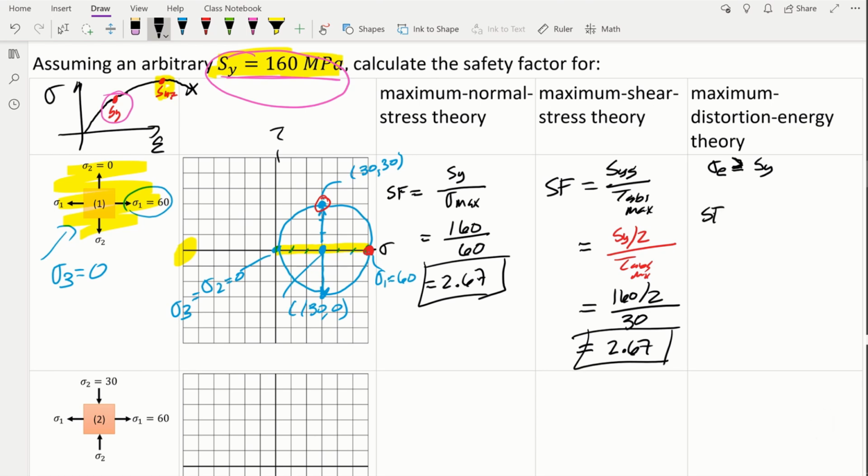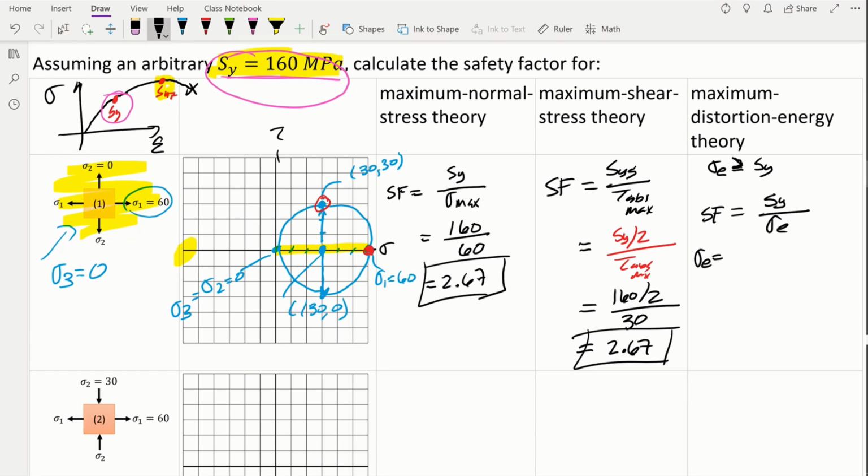So we can calculate the safety factor by just dividing the design overload, in this case the yield strength of the material, by the equivalent stress. So what is this equivalent stress? There's a couple formulas. We can look them up in the equation and reference booklet. One of them is this one here.